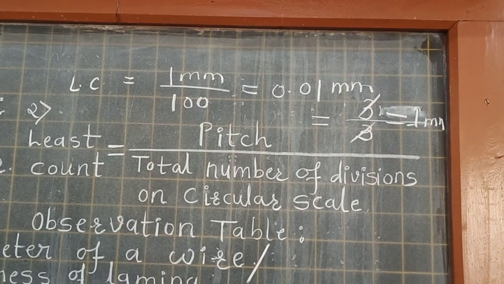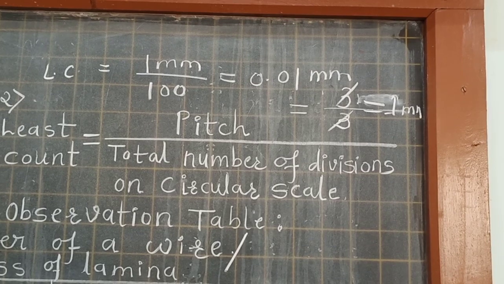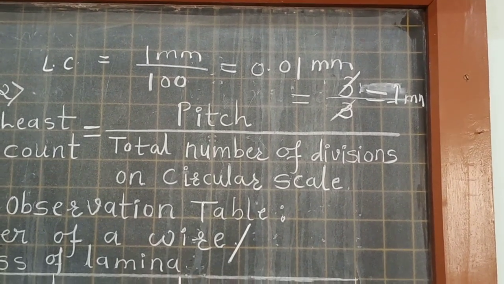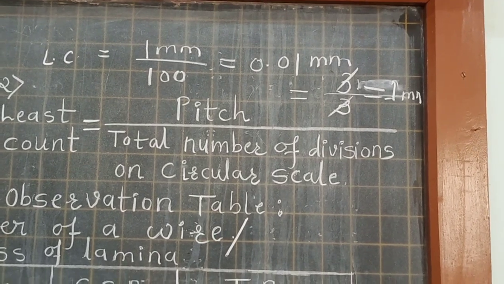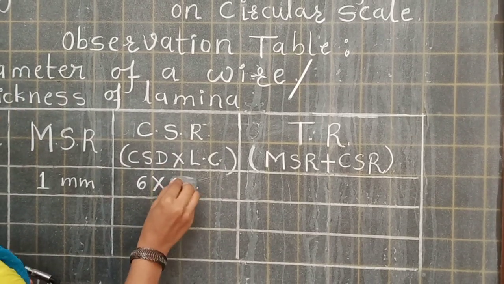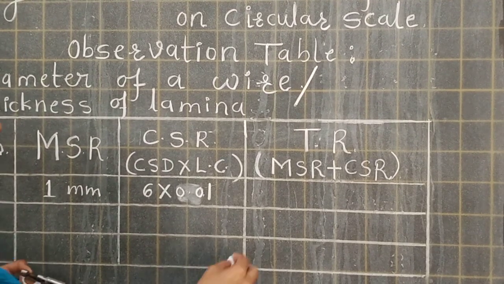So it is in mm. When you convert it to centimeter, it becomes 0.001 centimeter, and this least count is very small as compared to the vernier scale.